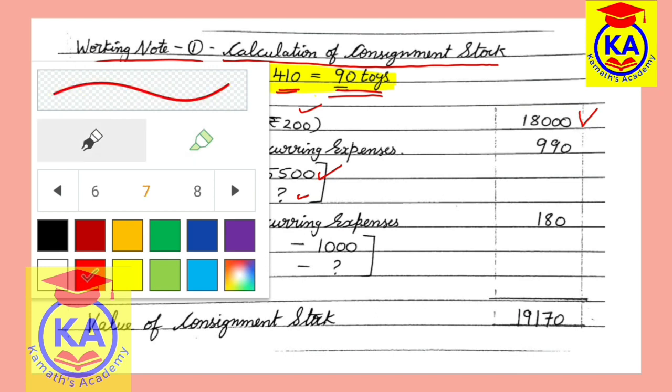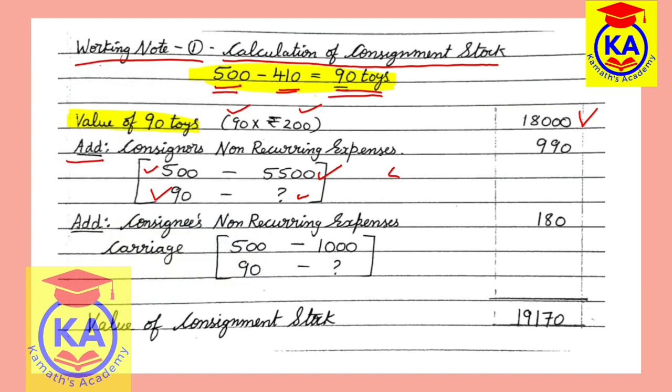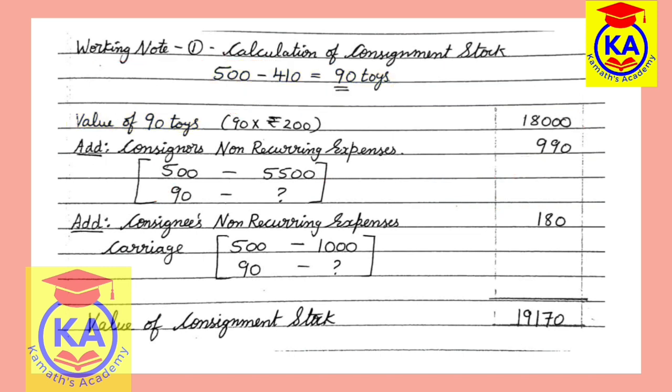So the same way you have to write. Okay, so 500 goods, 5,500, and for 90 goods, how much? Now we have to cross multiply: 90 into 5,500 divided by 500. I hope you know how to do the cross multiplication.